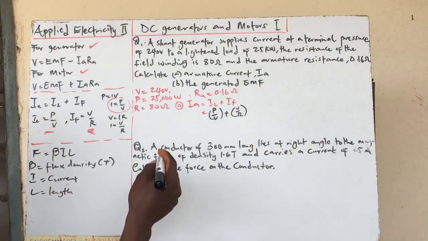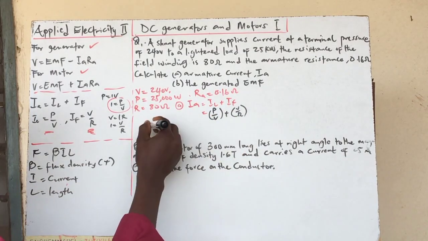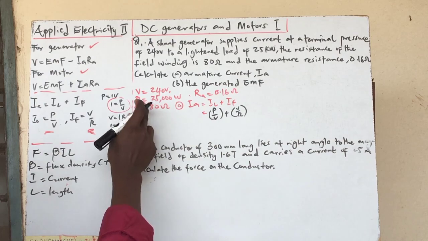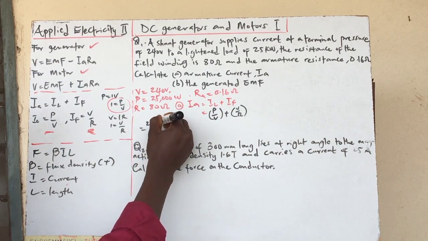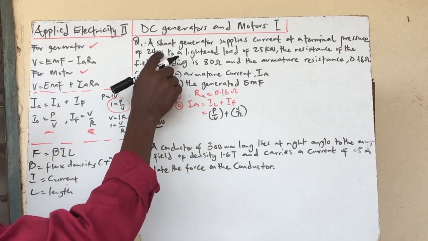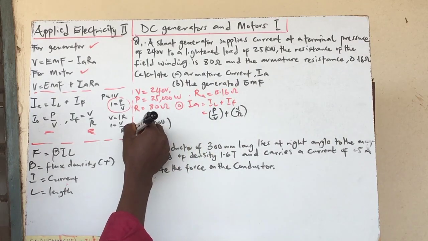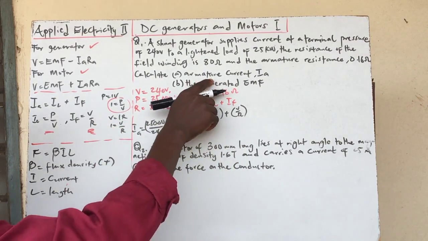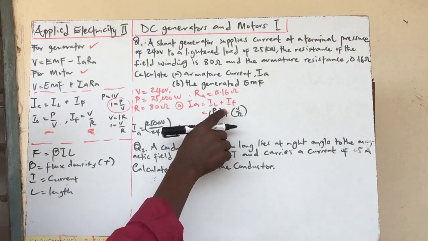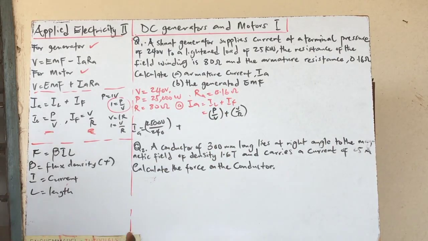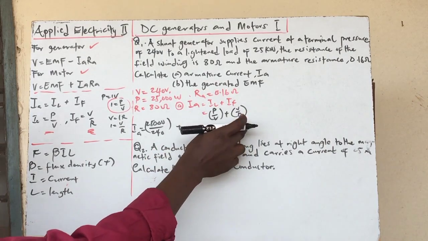So it's as simple as that. You just insert what we were given in the question. So what's our P? Our power is 25,000 over the volt, which is 240. Remember, we're calculating for IA, the armature current, as they told us to do here. So for the IF, which is the field winding current, we have V over R. What's our V?